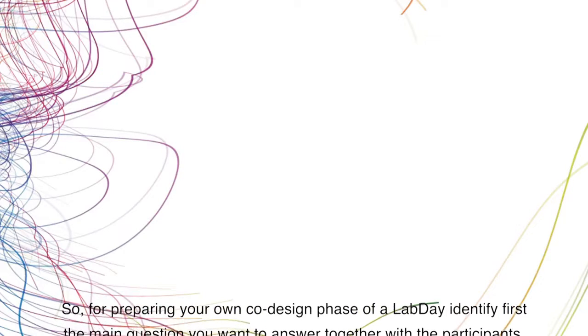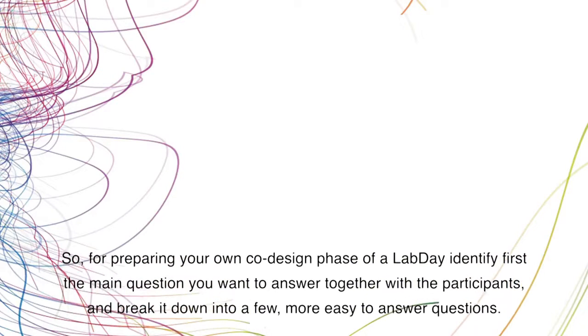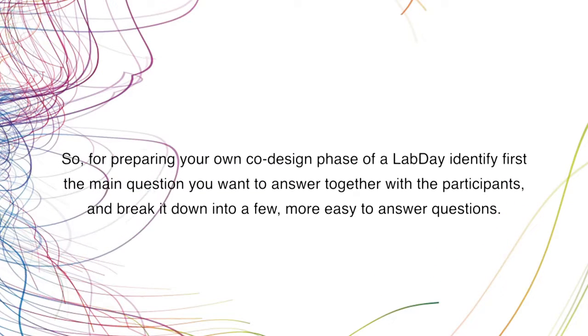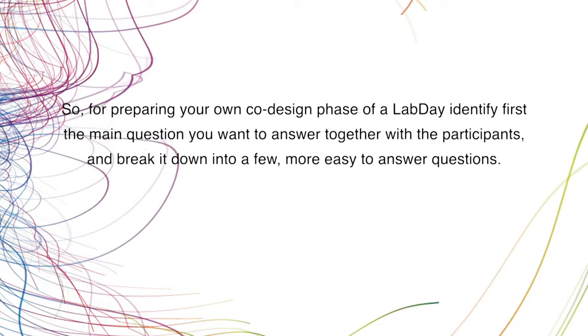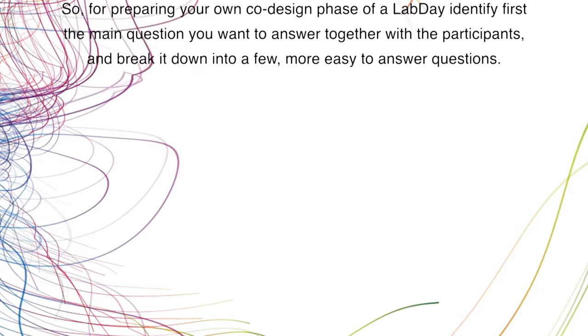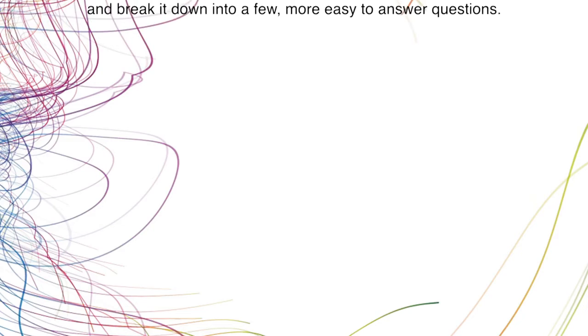So, for preparing your own co-design phase of LabDay, identify first the main question you want to answer together with the participants and break it down into a few more easy-to-answer questions.